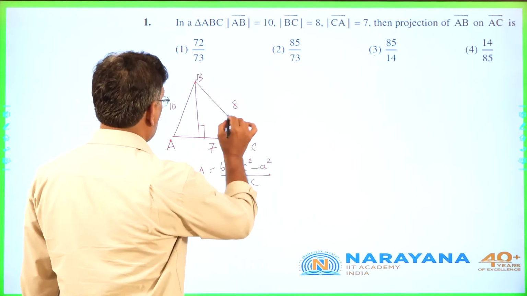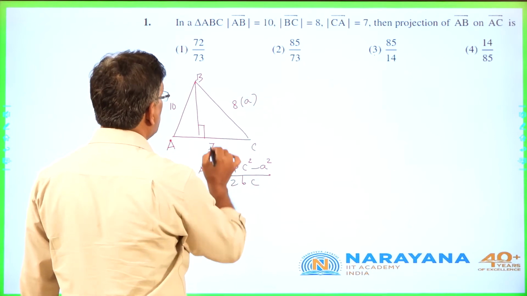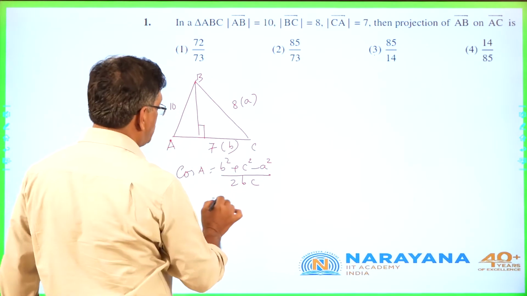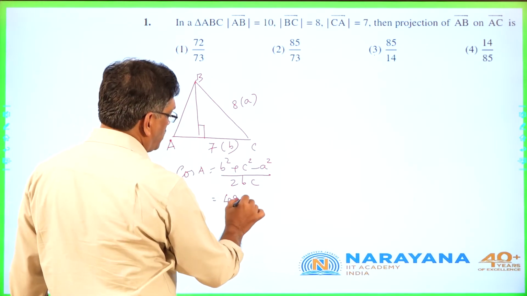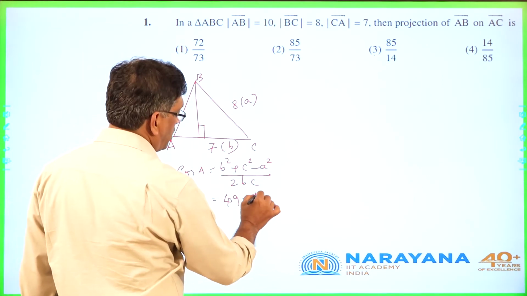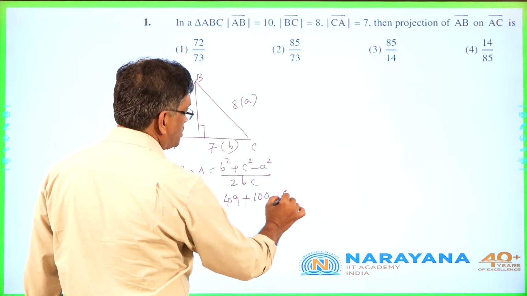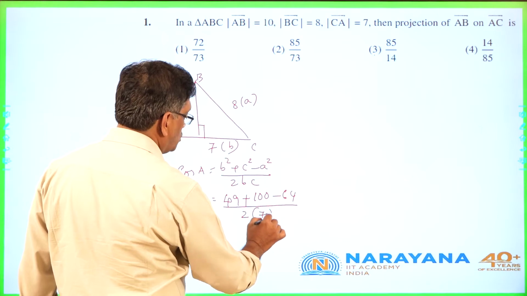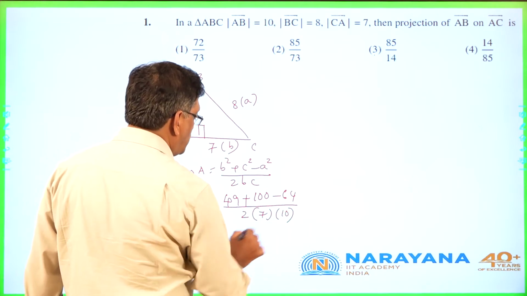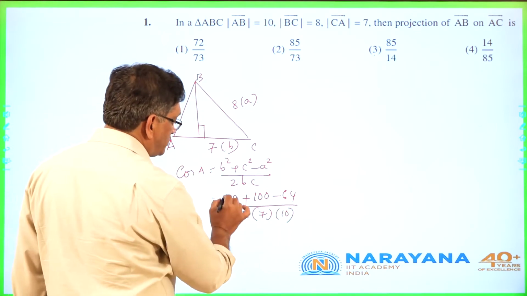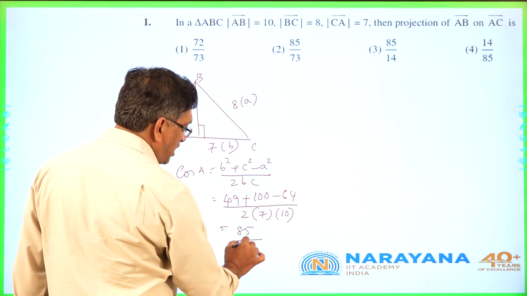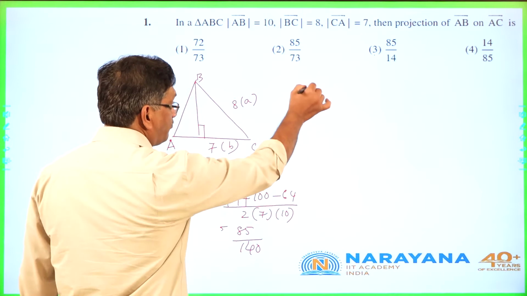Here a means small a, b means small b, c means small c. So it is b square 49 plus c square 100 minus a square 64, by 2 into 7 into 10. That is 136 minus 64, so 85 by 140.